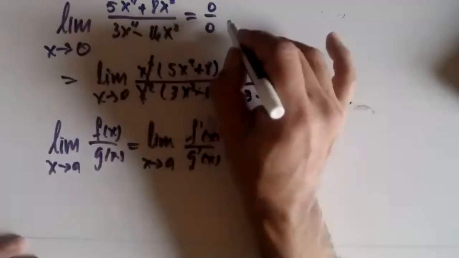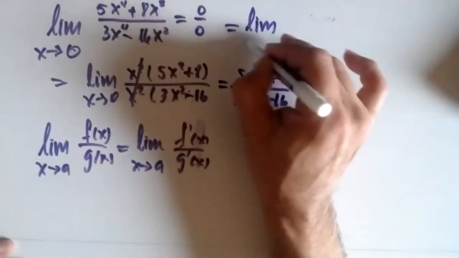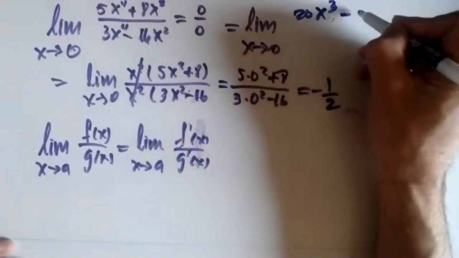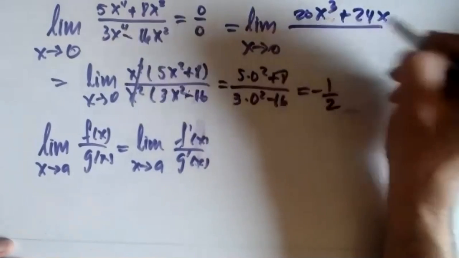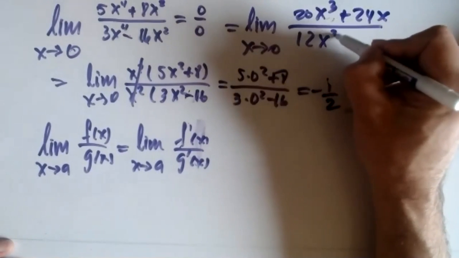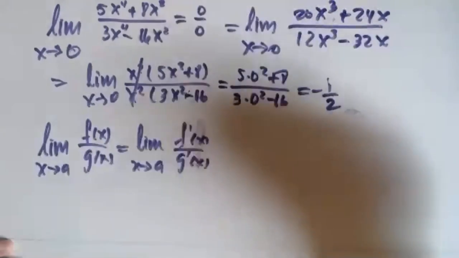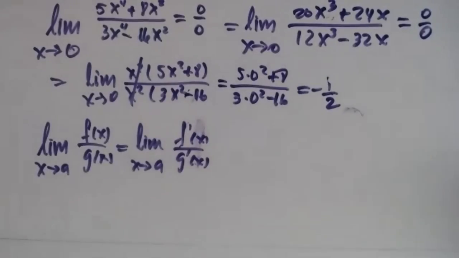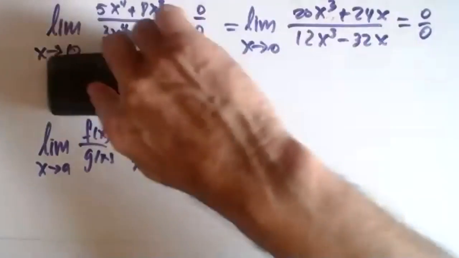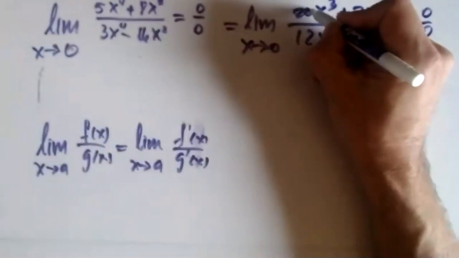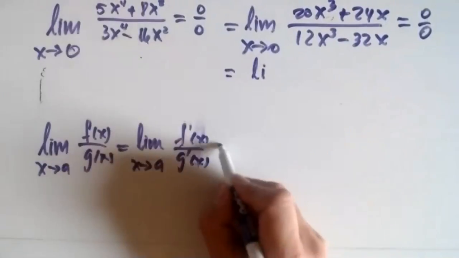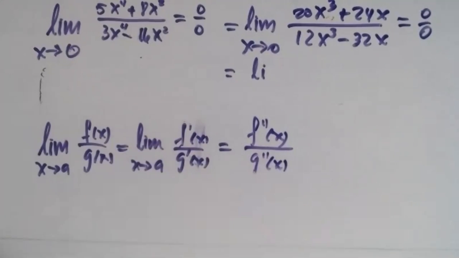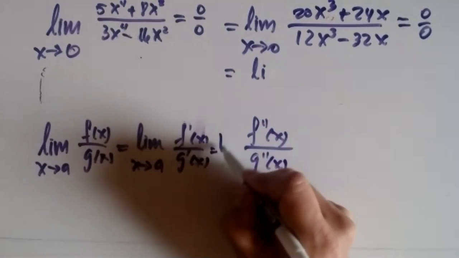So in this case, it would be the limit of the derivative: 20x cubed plus 16x over 12x cubed minus 32x. If you put a 0 here, you again get 0 over 0, you see? You have to do another derivative. You have to do a second derivative. Okay, let's do the second derivative, right? So this is the limit of the second derivative over the second derivative. Yes? The 24x should be 16x, no?